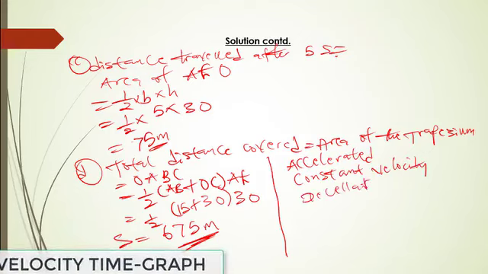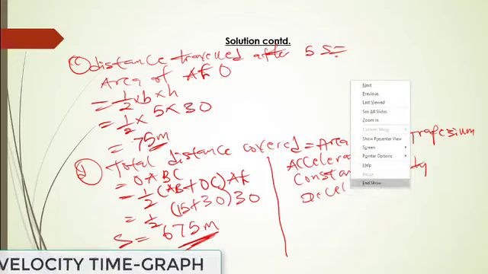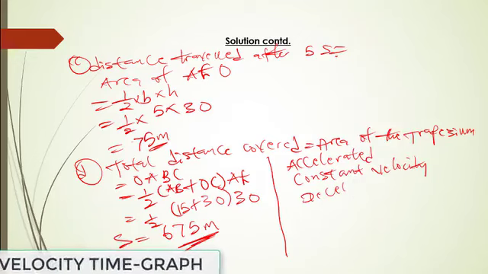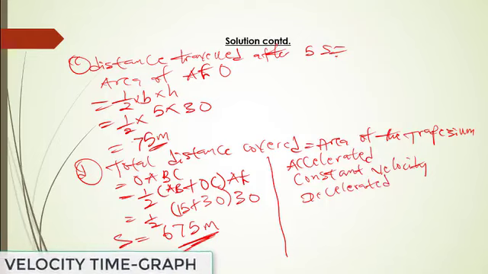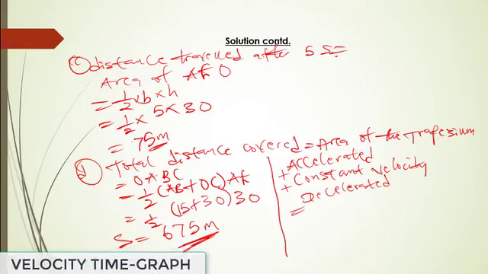So you can decide to do it individually, and doing it individually, you get the various distances covered by that body. And when you add all of them together, the distance covered for acceleration, the distance covered for constant velocity, plus the distance covered for deceleration, will give you 675 meters.